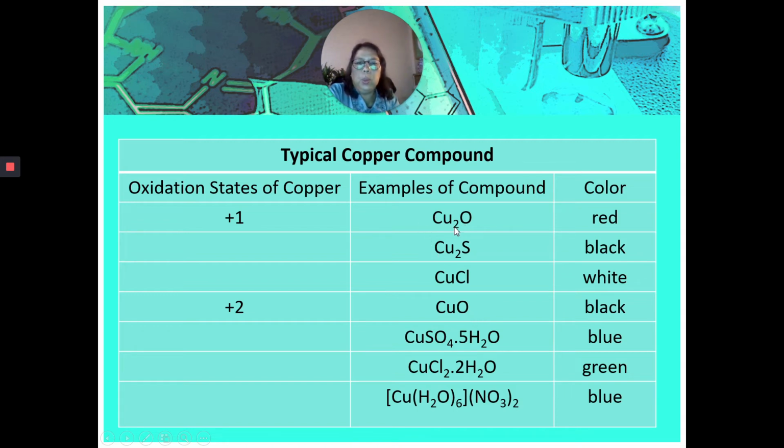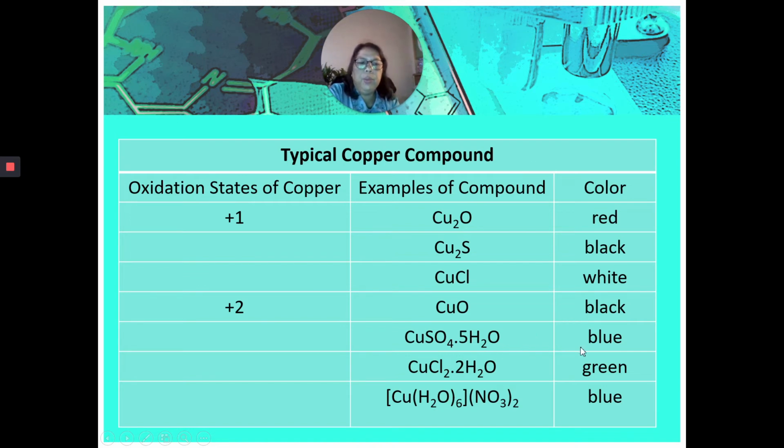Cu2O and CuO, they vary in color. So if it is cuprous oxide, it is red in color. But if it is already copper 2 or cupric oxide, it is black in color.